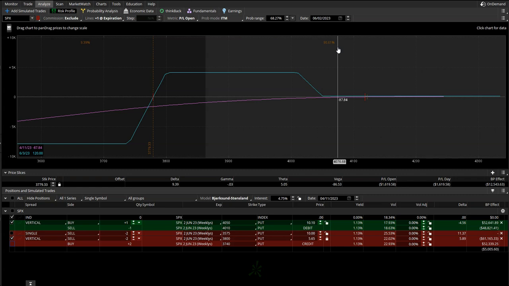So you could expect, if you put a large number of these trades on, to land SPX at 37.80 or higher about 90 out of 100 times. So this is a very high probability.